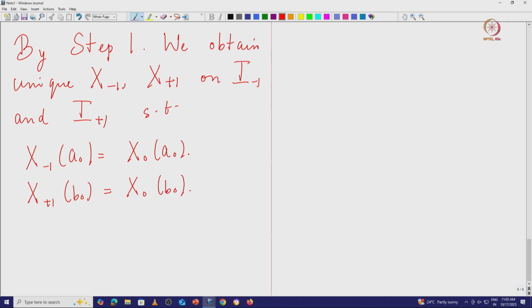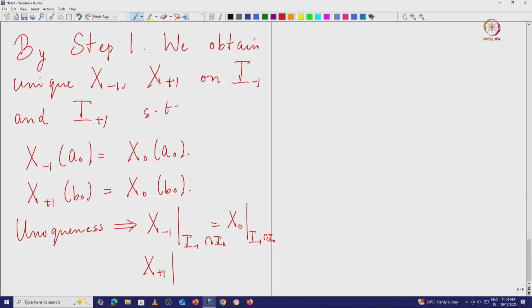Then because of uniqueness of solutions to the linear ODE, this implies that wherever these intervals intersect, x minus 1 on the intersection of I minus 1 and I naught is the same as x naught on the intersection of I minus 1 and I naught, and similarly x plus 1 on I plus 1 intersect I naught is the same as x naught on I plus 1 intersect I naught.